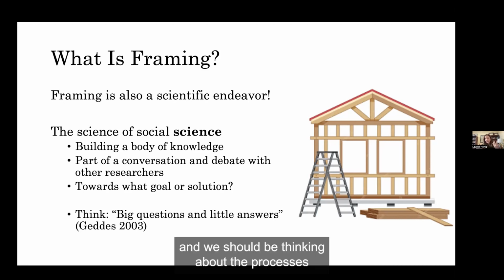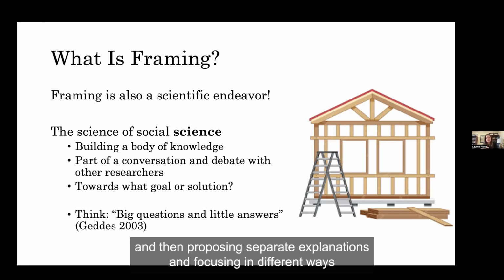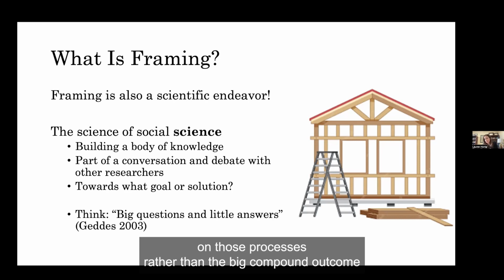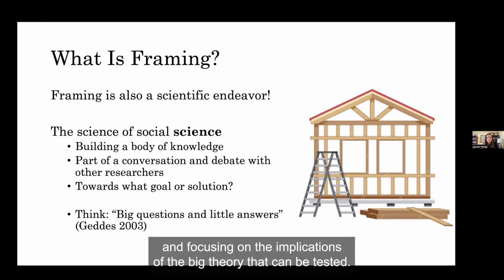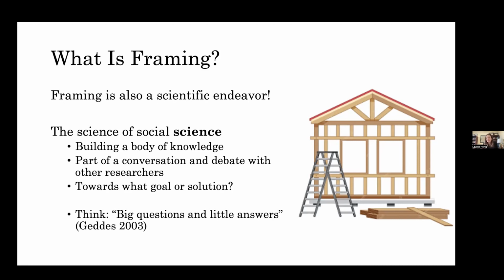And we should be thinking about the processes that contribute to the big issue, the big question, dividing these big questions into multiple processes, and then proposing separate explanations and focusing in different ways on those processes rather than the big compound outcome, and focusing on the implications of the big theory that can be tested.